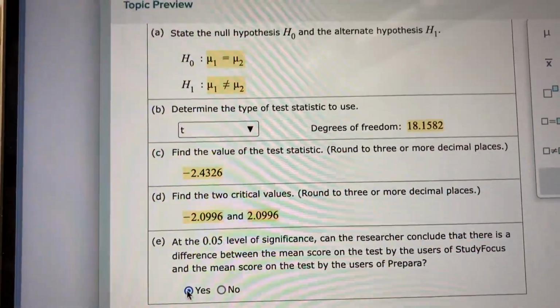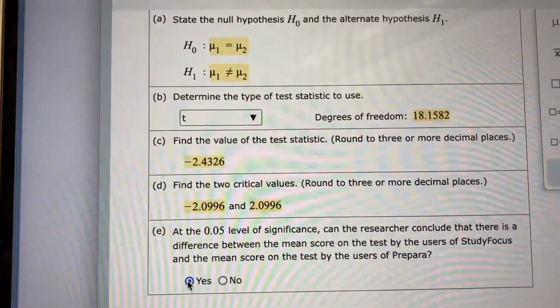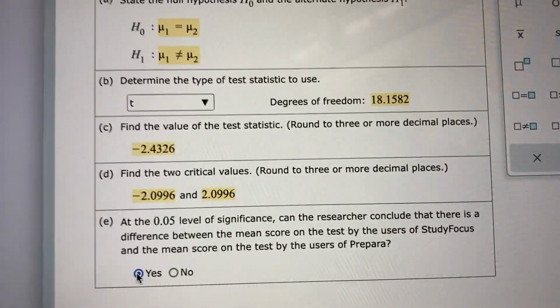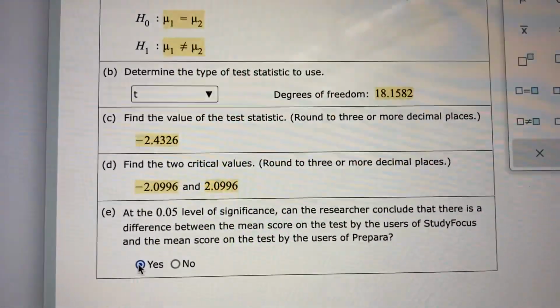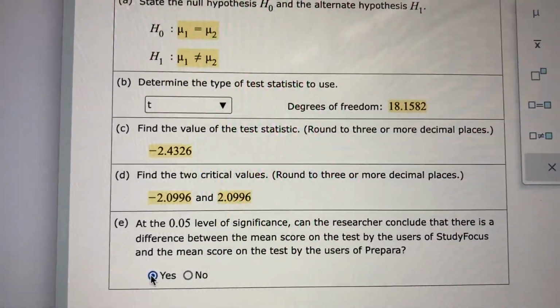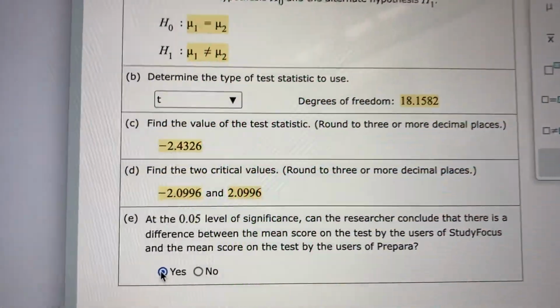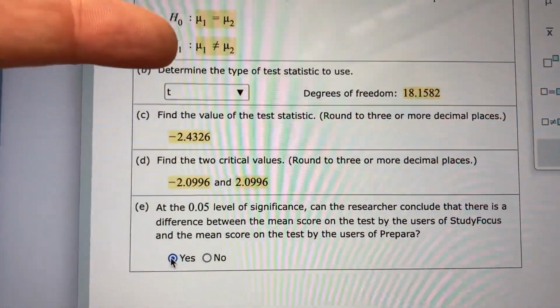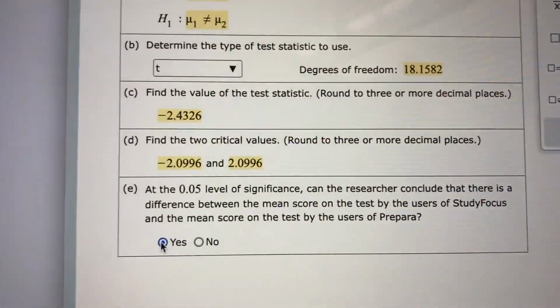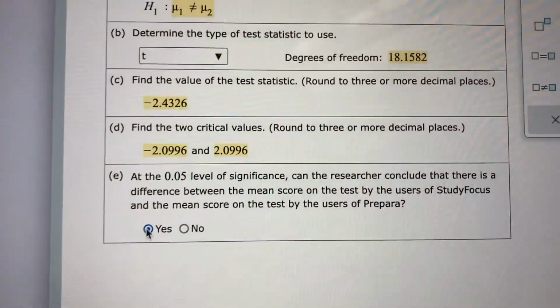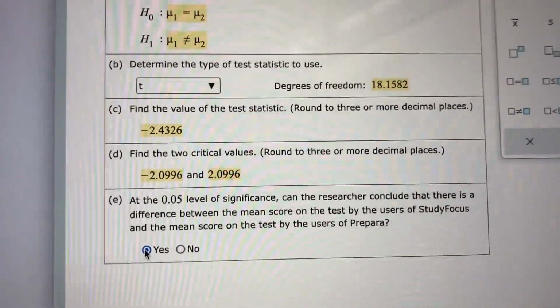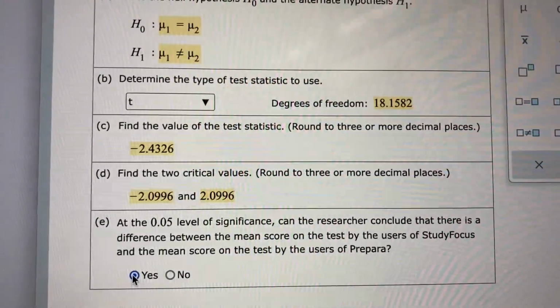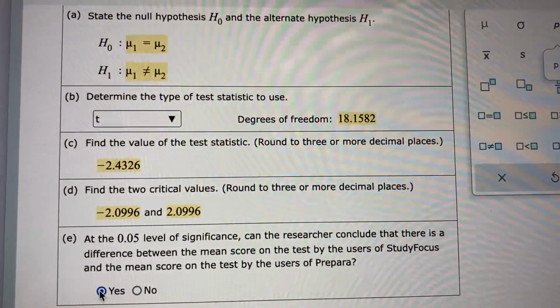Now we state our level of significance, so we would say alpha is equal to 0.05, and then finally we make a statement about the claim. And the claim is on the alternative, and since we rejected the null and the alternative still stands, and the claim is on the alternative, we say we have sufficient evidence to support the claim. And then technically we're supposed to restate the claim, but I'm happy if you just say there's sufficient evidence. Okay, hopefully that helps.